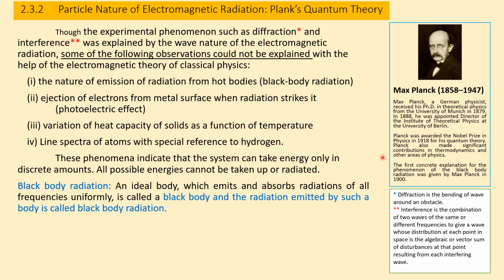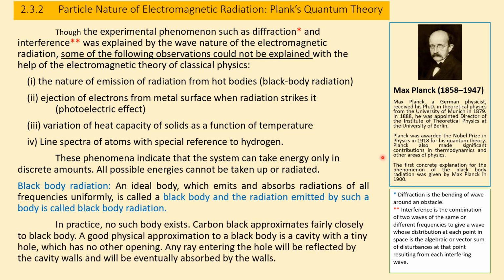So what is blackbody radiation? An ideal body which emits and absorbs radiations of all frequencies uniformly. That means it absorbs all frequencies and radiates all frequencies, and it is called a blackbody. The radiation emitted by such a body is called blackbody radiation. In practice, no such body exists.